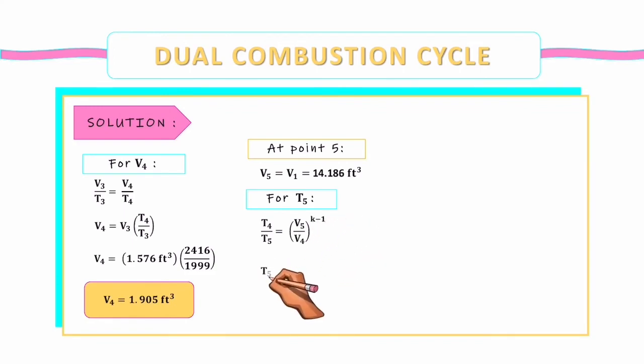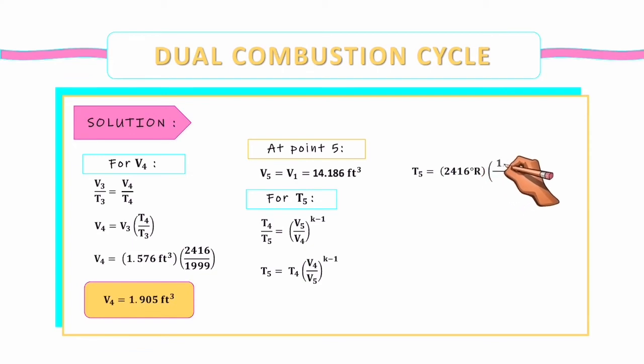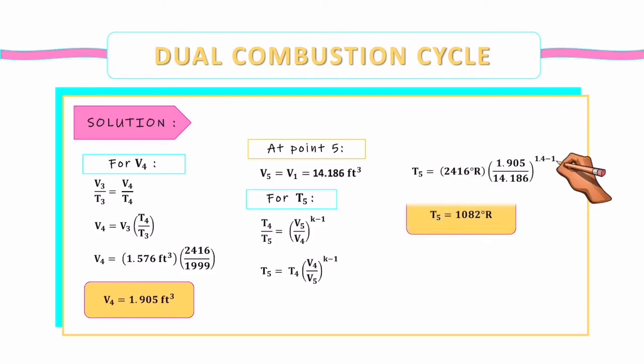So, T5 is equal to T4 multiplied by V4 over V5 raised to K minus 1. Substituting the given values, T5 is equal to 2416 Rankine multiplied by 1.905 over 14.186 raised to 1.4 minus 1. So, the temperature at point 5 is equal to 1082 Rankine.